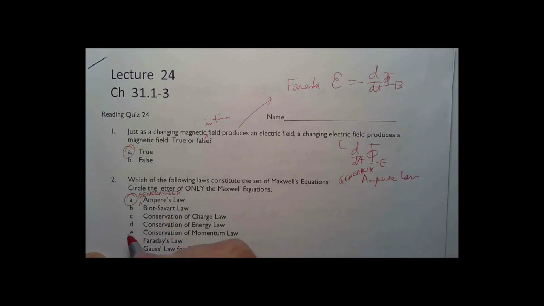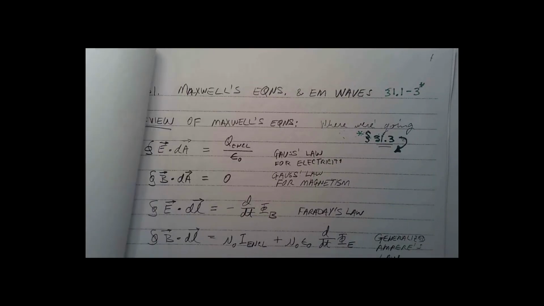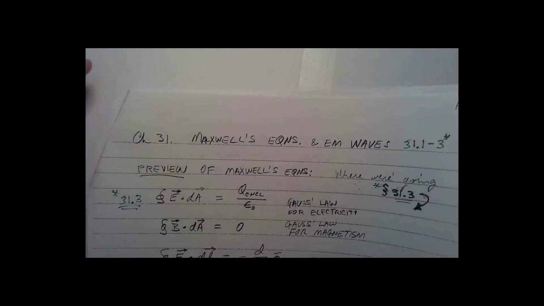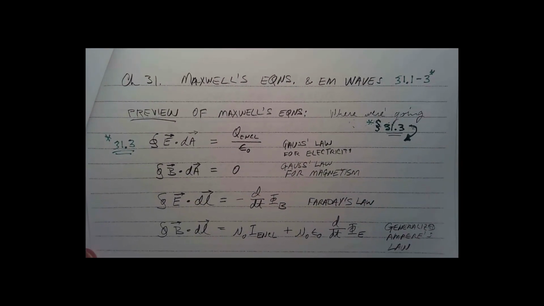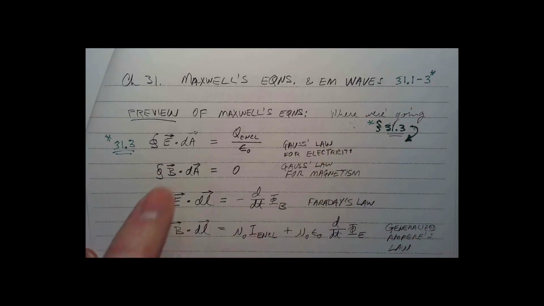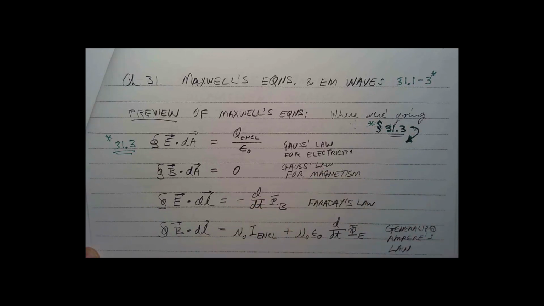What are the other laws? It's these three here: Faraday's law, Gauss's law for electricity, and Gauss's law for magnetism. Those four equations are Maxwell's equations, okay? And they are the fundamental set of equations for electricity and magnetism. Mechanics has Newton's laws as the fundamental equations. E&M has these four laws, and they form the basis for everything that happens in E&M.